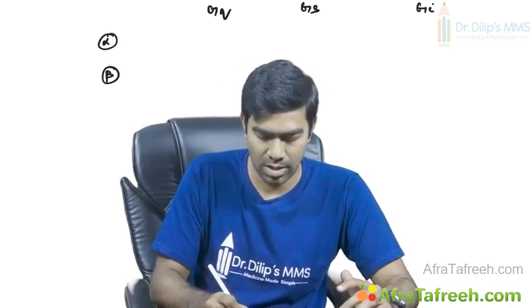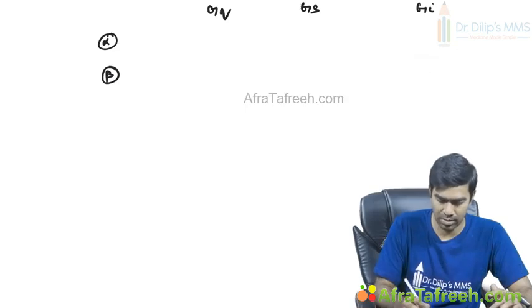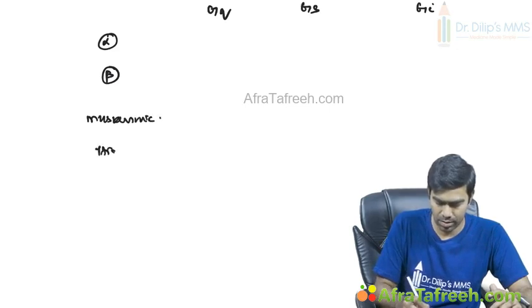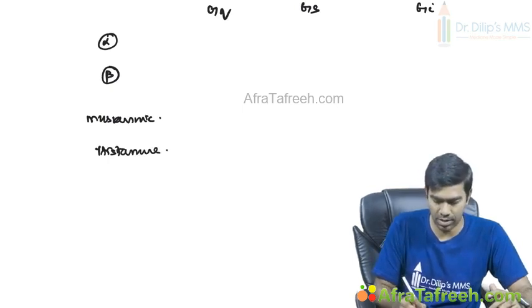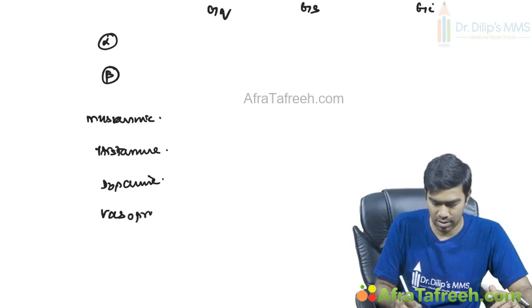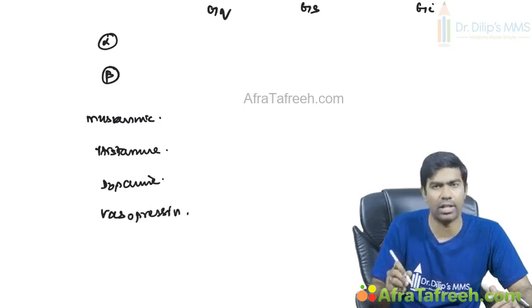For example, your alpha receptors, your beta receptors, then parasympathetic receptors, or we can call them muscarinic receptors, and histaminic receptors, or histamine, act through GPCRs only, and dopamine also acts through GPCR, and vasopressin also acts through GPCR.